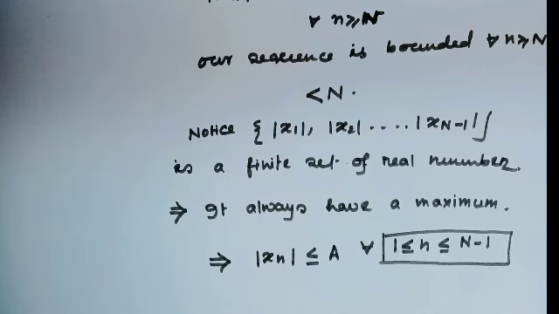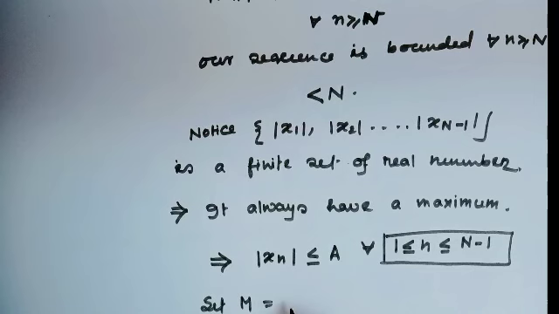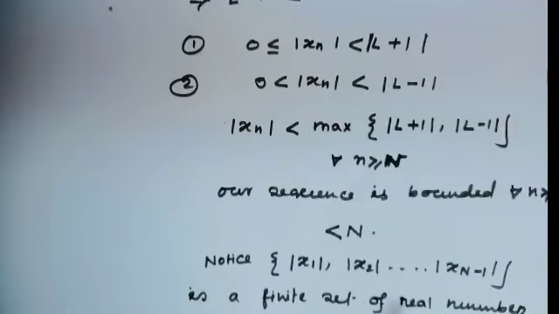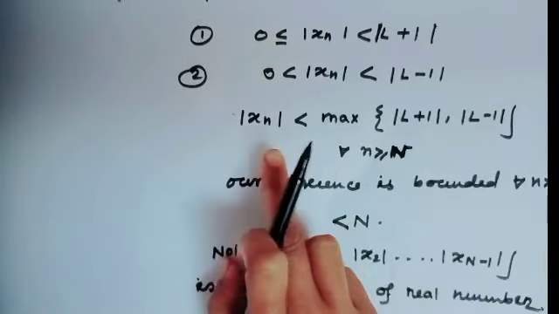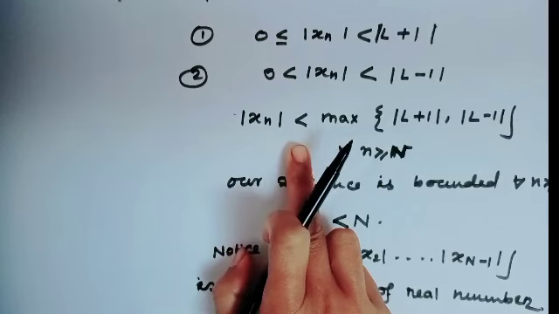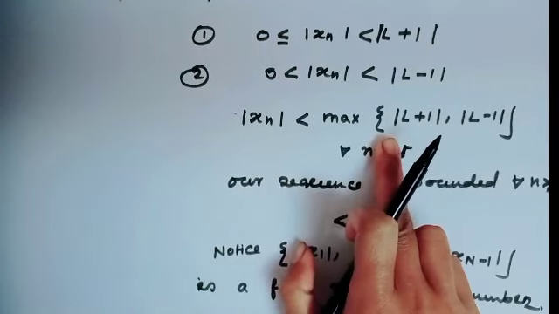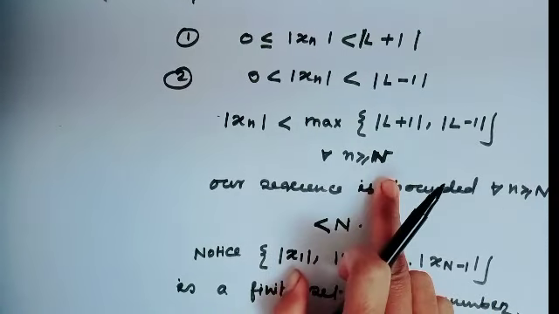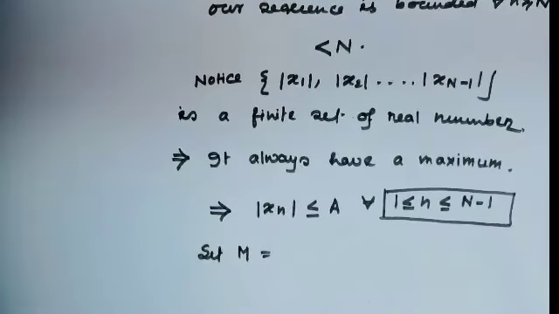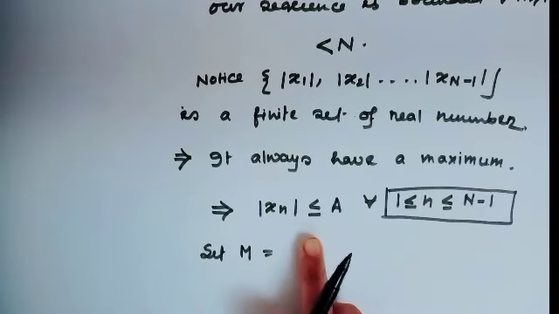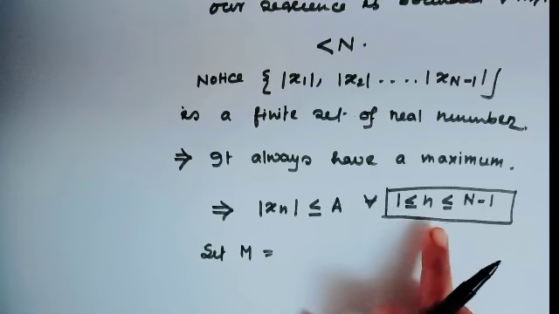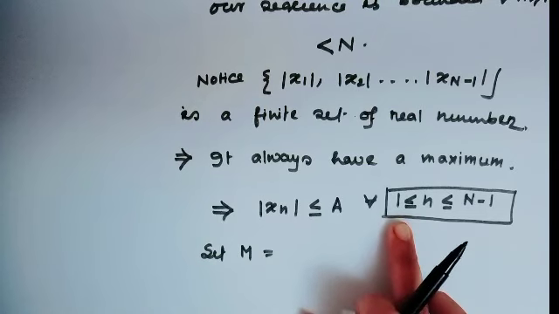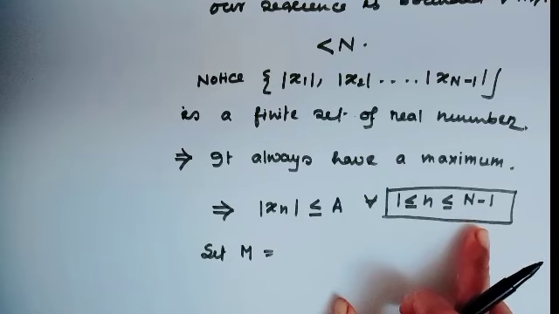Okay? And set M equal to, what is M? Combining these two relations here, modulus of xn less than maximum of absolute value of L plus 1 and L minus 1 for all n greater than or equal to capital N, and here modulus of xn less than or equal to A for all n greater than or equal to 1 and less than or equal to N minus 1.